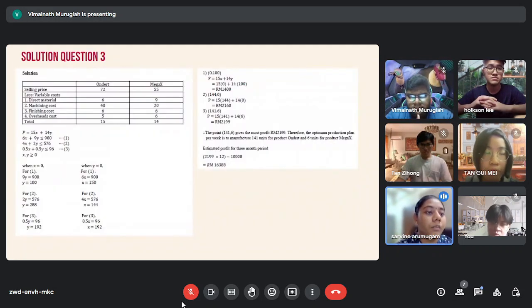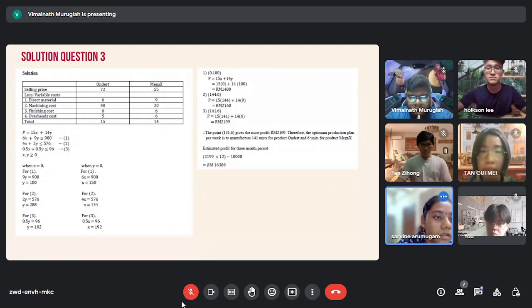For question 3, we use the linear programming method. This is the table where we sort out the data from question 3. The selling prices are 72 for Ondit and 55 for Mega X. Less variable costs: first is direct material, which is RM6 and RM9.